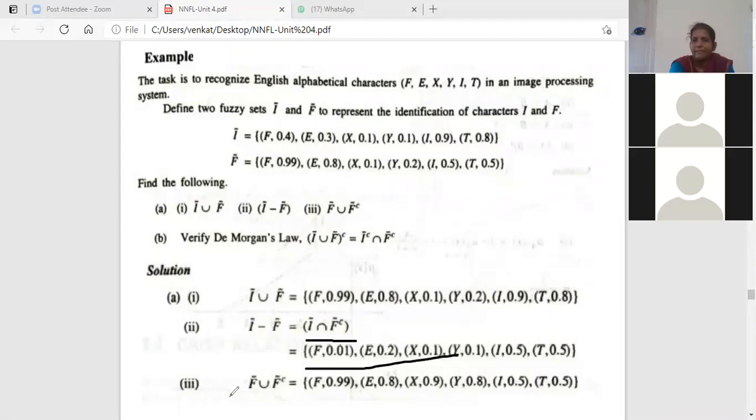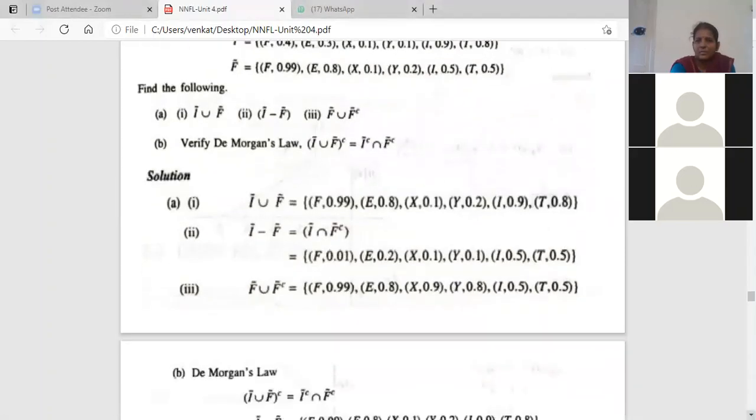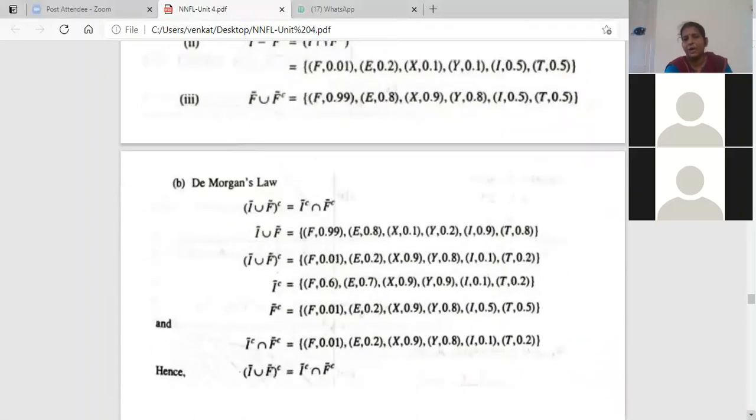Similarly, F union F complement. For union you will be considering maximum, for intersection minimum. Okay, please work out this. Next, De Morgan's laws.